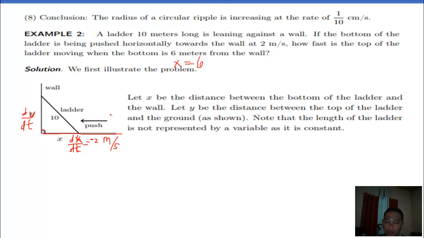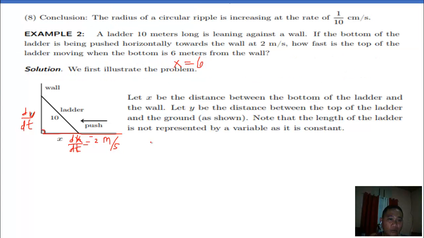The base could be a shadow or the ground. The height could be a tree or a house. Those are the representations of y, or the height itself. So, clearly, we can use the Pythagorean Theorem: x squared plus y squared is equal to 10 squared.